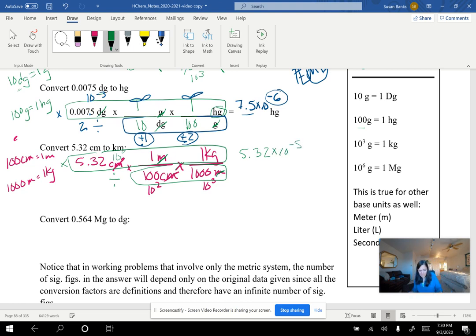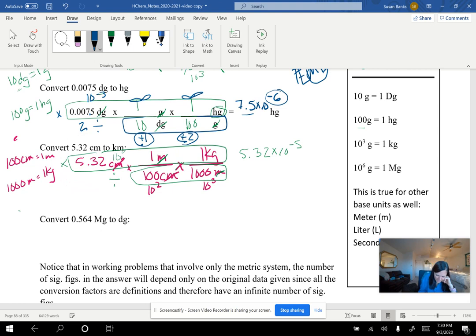Let's plug that in my calculator and make sure. Okay? So 5.32 divided by 100 and then divided by 1,000. Yep, sure enough, 5.32 times 10 to the negative 5. Okay, let's look at my sig figs here.